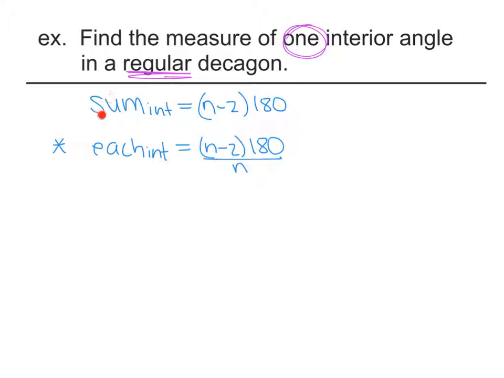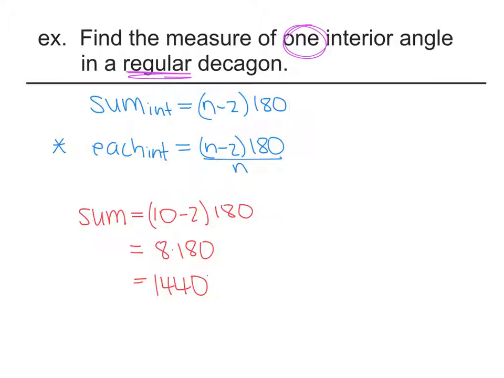So here's what we know. I could find the sum of all of the interior angles using this formula, but I don't want the sum. If it's regular, that means the sum has to be divided evenly amongst the 10 angles. So let me start by finding the sum. Remember, a decagon has 10 sides. If I plug in the 10, the sum of the interior angles of my decagon, 10 minus 2 is 8. 8 times 180 is 1440.